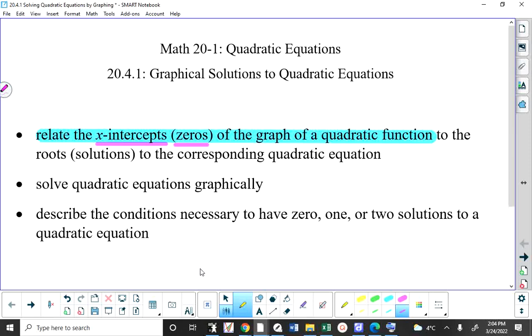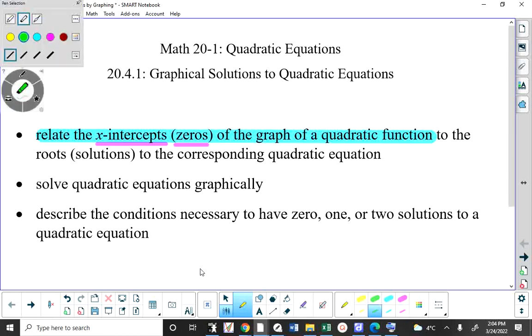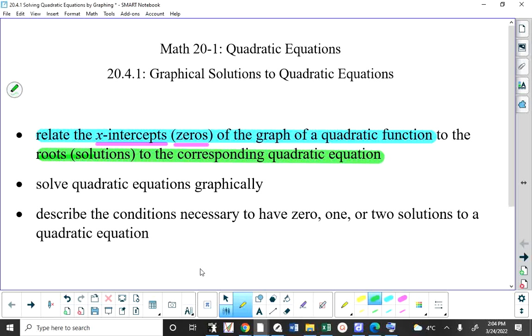On the other hand, we can talk instead about roots of an equation. So when you talk about a function, you're referring to x-intercepts or zeros of the function.